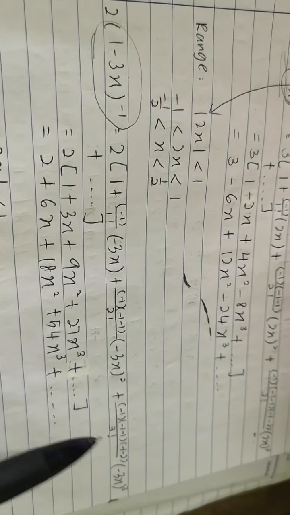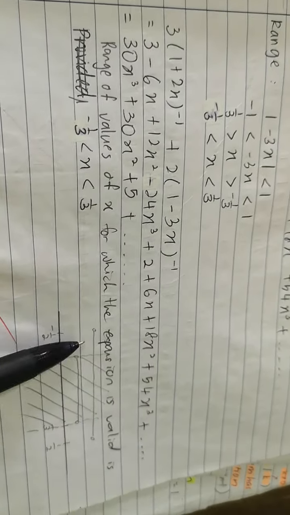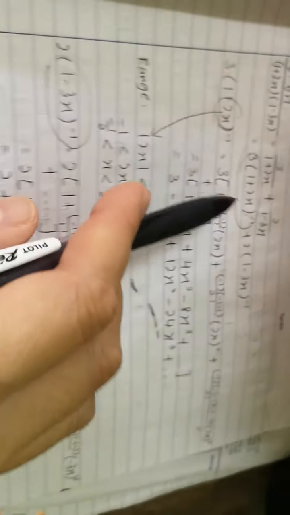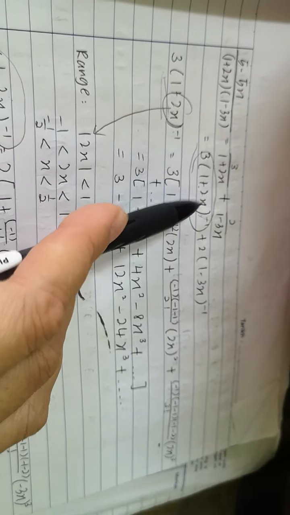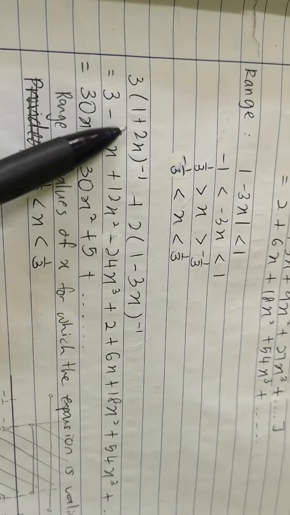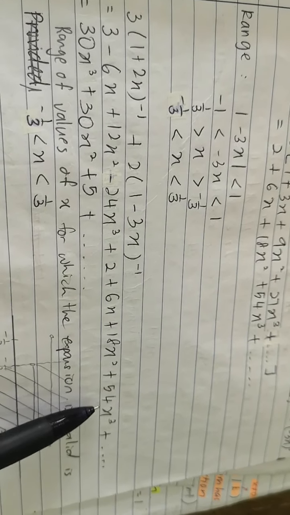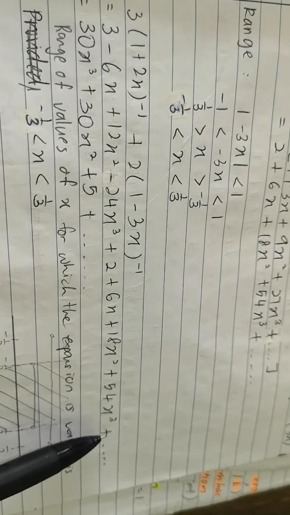Okay, so finish, we do both things. Okay, kita combine everything lah. Because the original question here is this one, 3 bracket plus 2 bracket. So I combine this answer and this answer, so I will get, okay, plus, so I combine everything. After the combination, sama juga mesti plus dot dot dot.